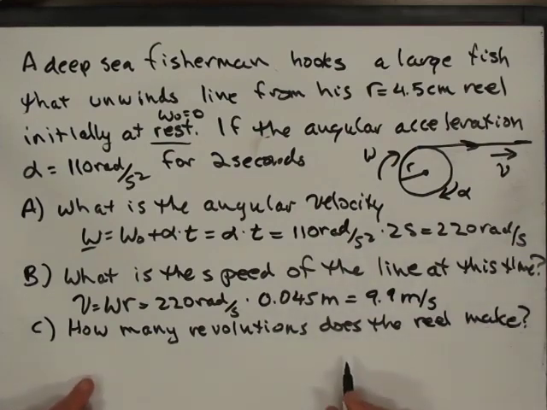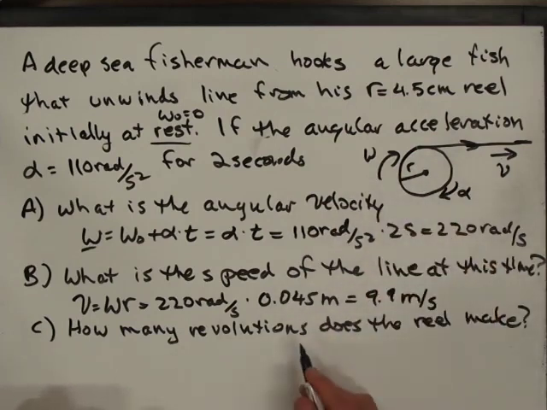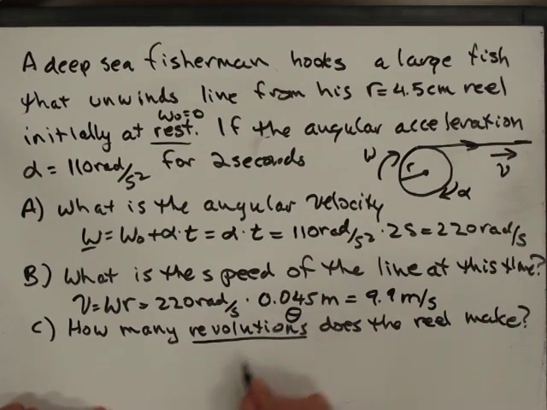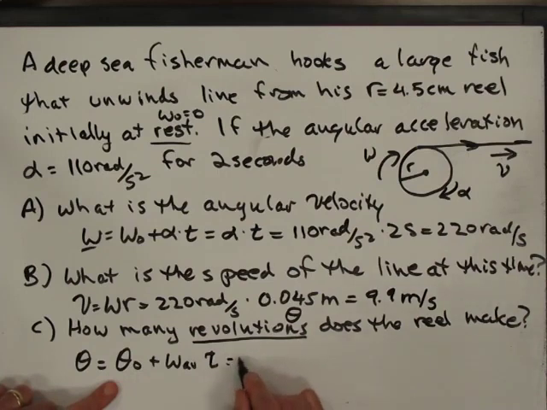So during this time, how many times around does the reel go? How many revolutions does the reel make? Well, this is asking for theta. And so we can say theta is equal to theta naught plus omega average times time. If we pick our initial position as 0, just like x naught we usually do, then that's just omega average times time.